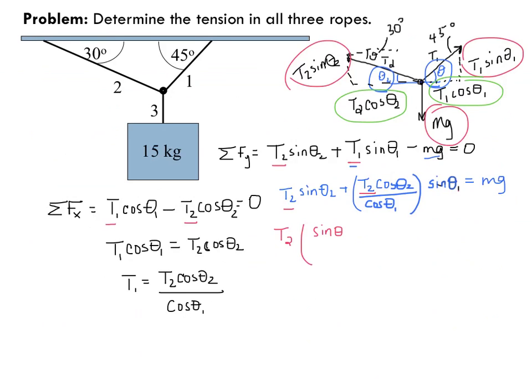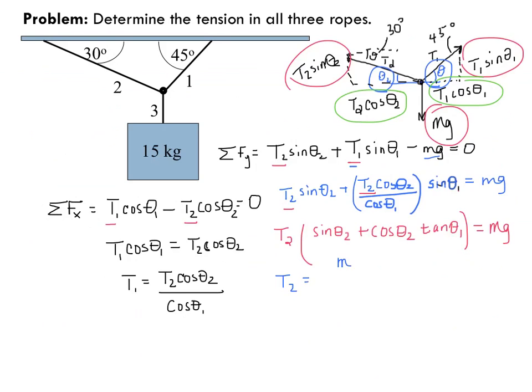And I'm left with sine theta 2 plus cosine of theta 2 times tangent theta 1. You could have left this as sine theta 1 divided by cosine theta 1, but it's a little cleaner if we just change it to tangent. And again, our last part is to solve for T2.